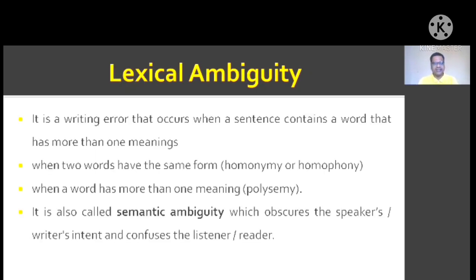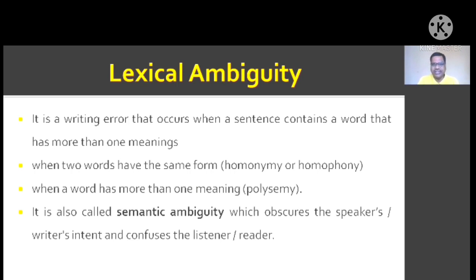What do you mean by lexical ambiguity? Lexical ambiguity is generally found in the context of somebody's talk or in the context of somebody's written matter, and that is a writing error.